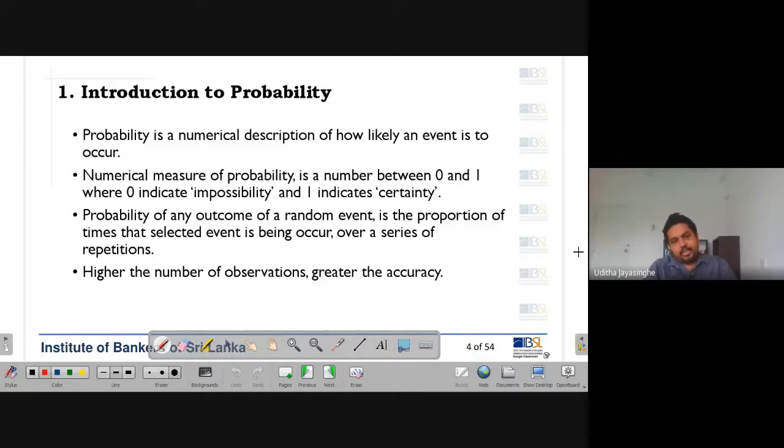Okay, so it's a numerical descriptive method of how likely an event is going to occur. Now these are the important words to highlight: how likely an event is to occur. How likely it is going to rain tomorrow.